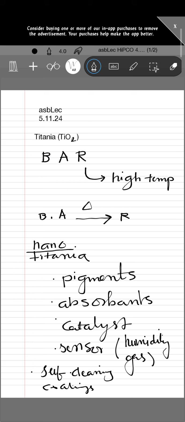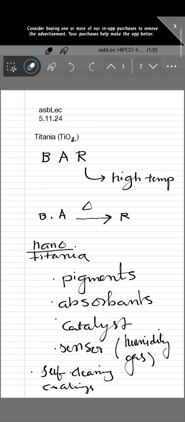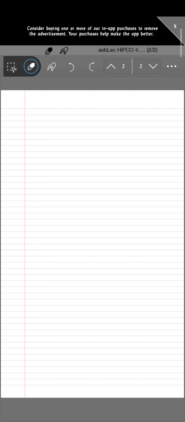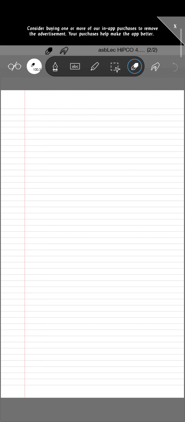Now the anatase phase and the rutile phase are the most common phases.